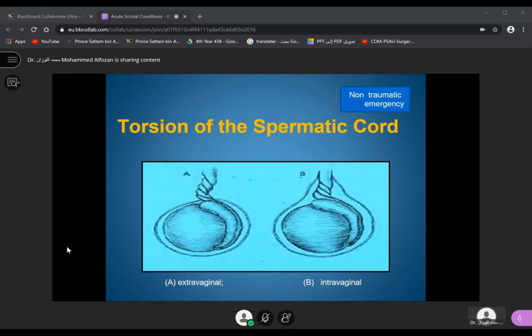The gubernaculum is the muscle holding the testis to the scrotal wall, and it keeps it attached to the scrotal wall so it doesn't go up and doesn't rotate. Sometimes it's malformed, and that's especially in pediatric cases. So in torsion in pediatric cases, the whole sac is torted. But in adults, only the testis is torted. That's the main difference.